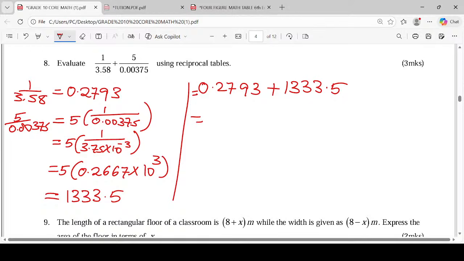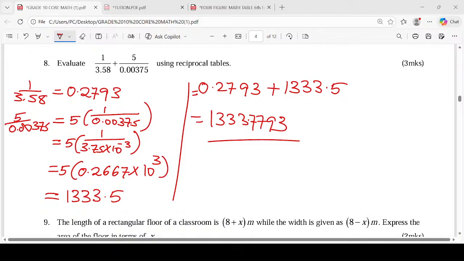When you do this addition, you are going to get 1333.7793. That's what you are simply supposed to do in such a question to get your marks correct.